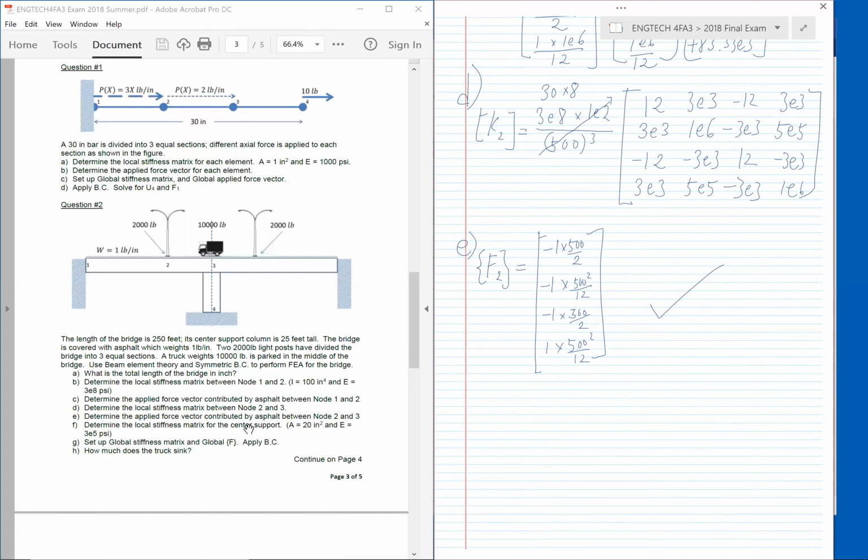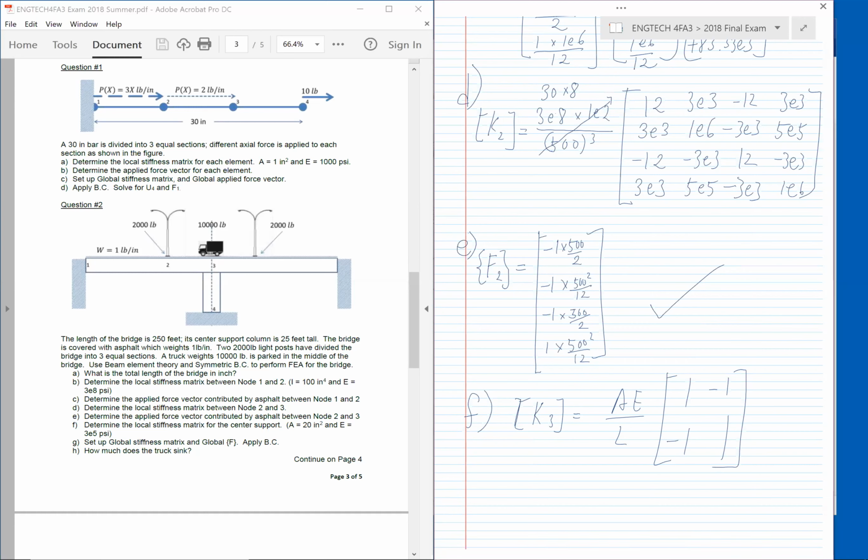Determine the local stiffness matrix of the center support. Okay, this one is tricky. K3 is AE over L, and then 1, 1, negative 1, negative 1, because it is a symmetric problem.